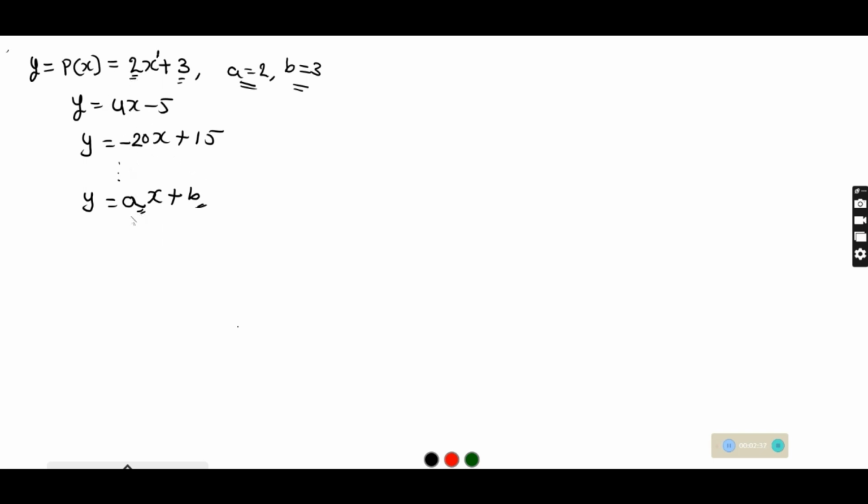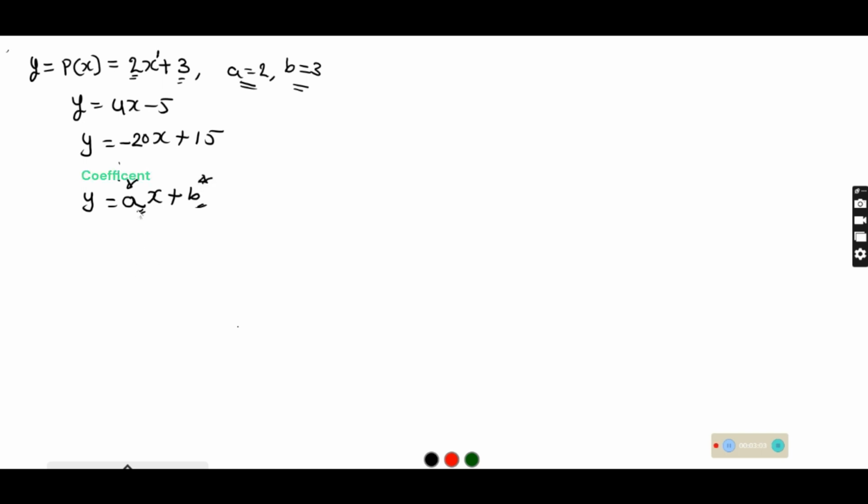There is a specific name when we write a constant before the x. We call this the coefficient. And a number without any variable, we call the constant.